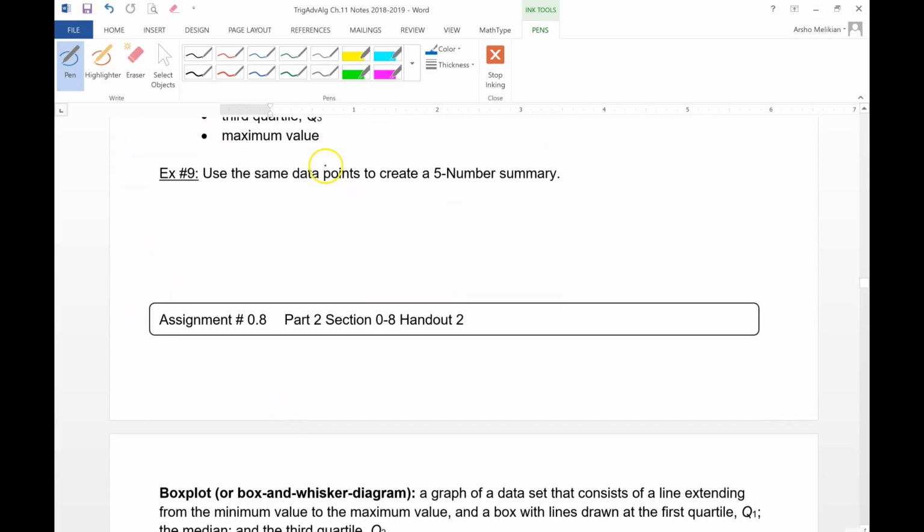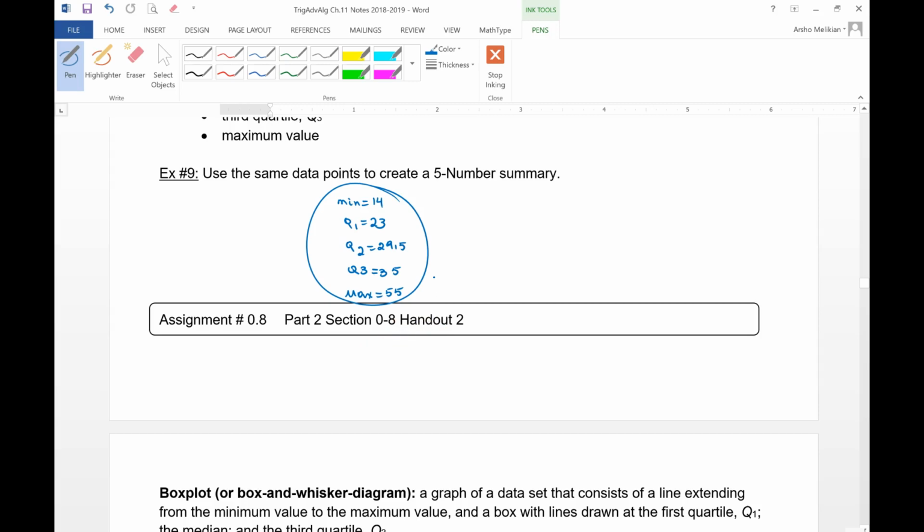So you say minimum is 14. Q1 is 23. Q2, 29.5. Q3, 35. Maximum, 55. You don't have to put it in brackets, but that is the 5-number summary.